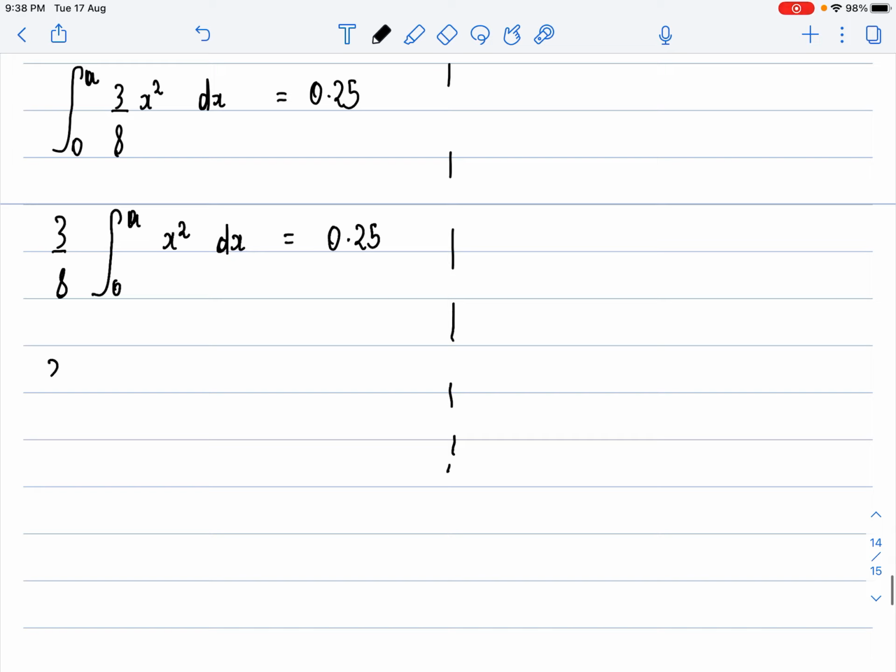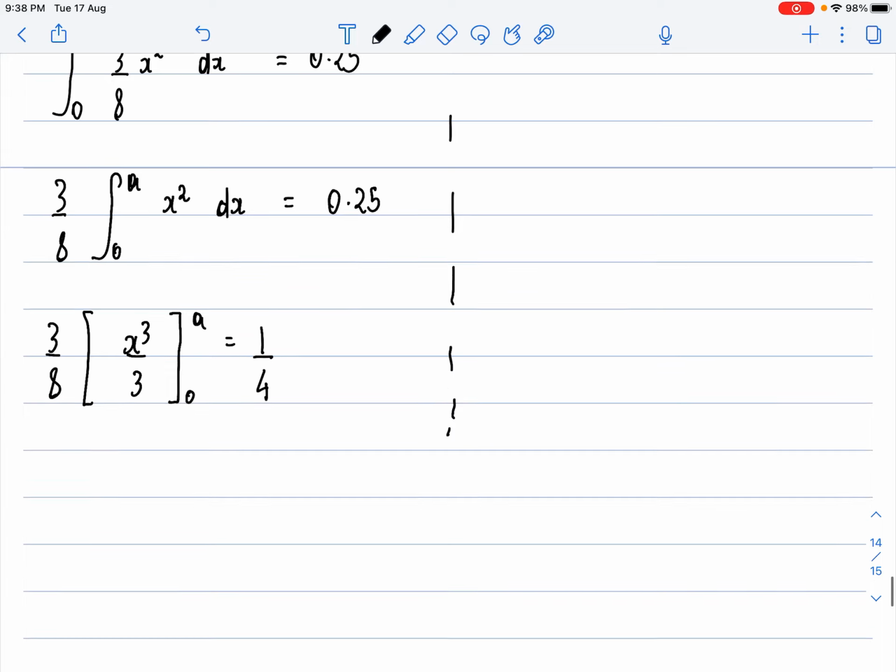Now I can write this as 3/8 with the integration from 0 to a of x squared dx, equal to 0.25. The integration of x squared is x cubed over 3, from 0 to a. 0.25 can be written as 1/4 also.